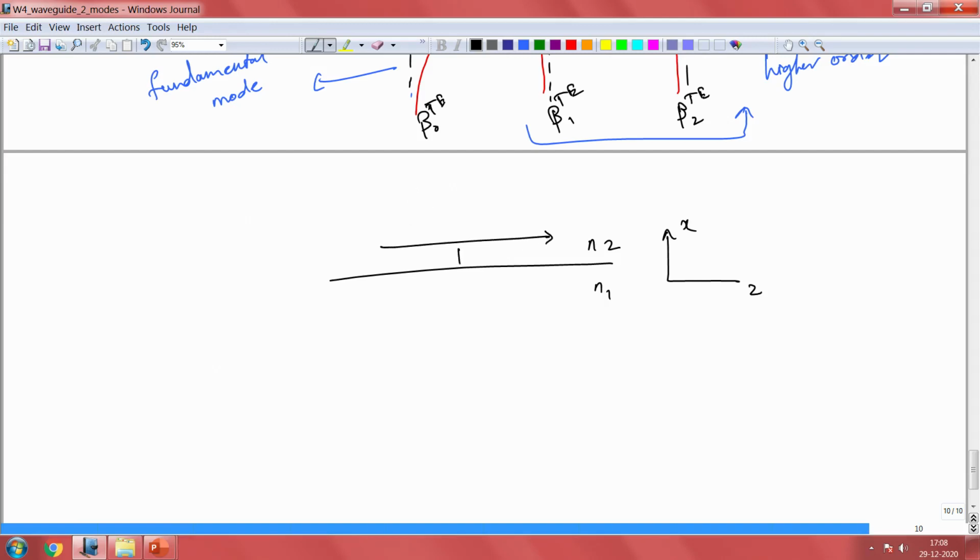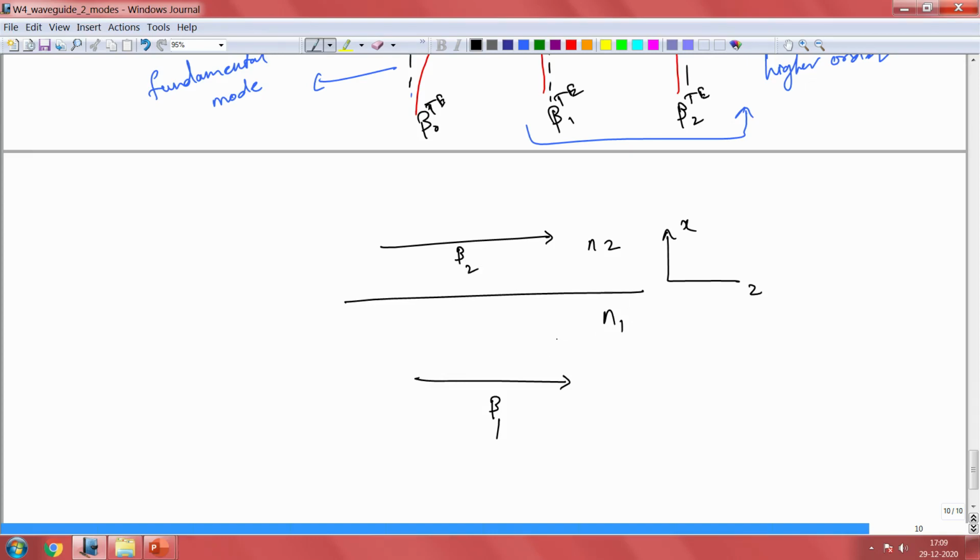So, this is beta, and here also we will have beta. To make it specific, we will put beta 2 here and beta 1, right. Let me pull this a little down. So, this is N1. So, we have beta 2 and beta 1.